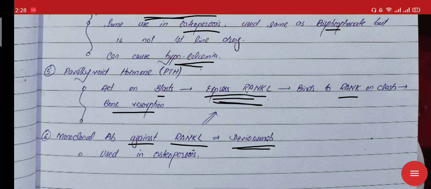Once it is against this, this whole series will stop. Once you antagonize this ligand, the osteoclasts won't be activated, and that's why it can be used in osteoporosis, because osteoclast function will decrease and bone resorption will decrease with the help of this monoclonal antibody. Thank you, that will be all for it.